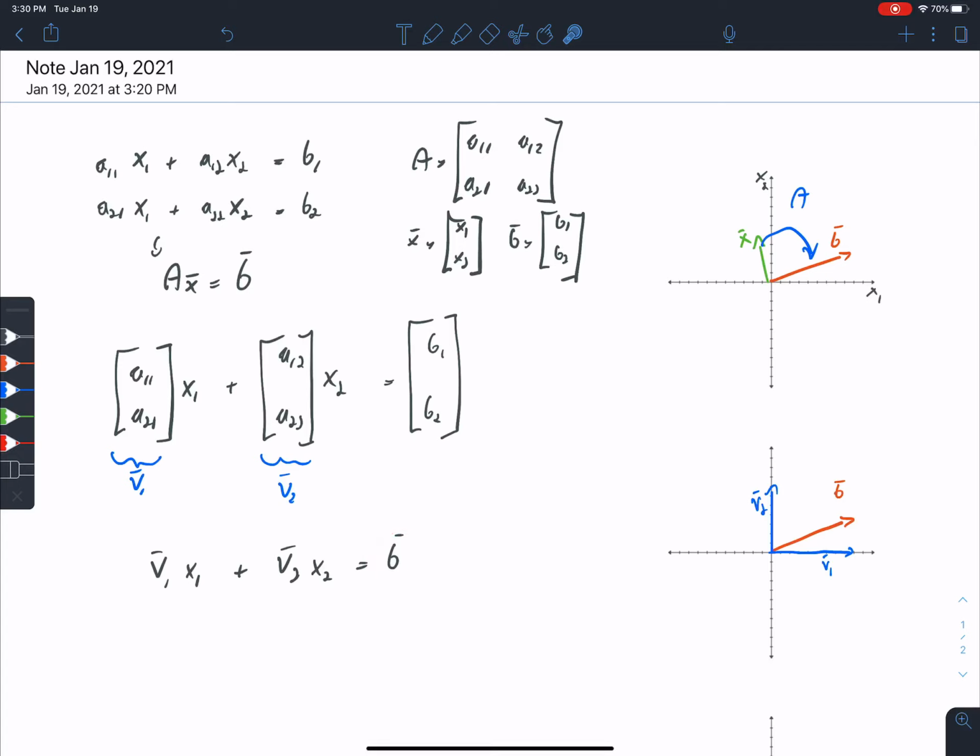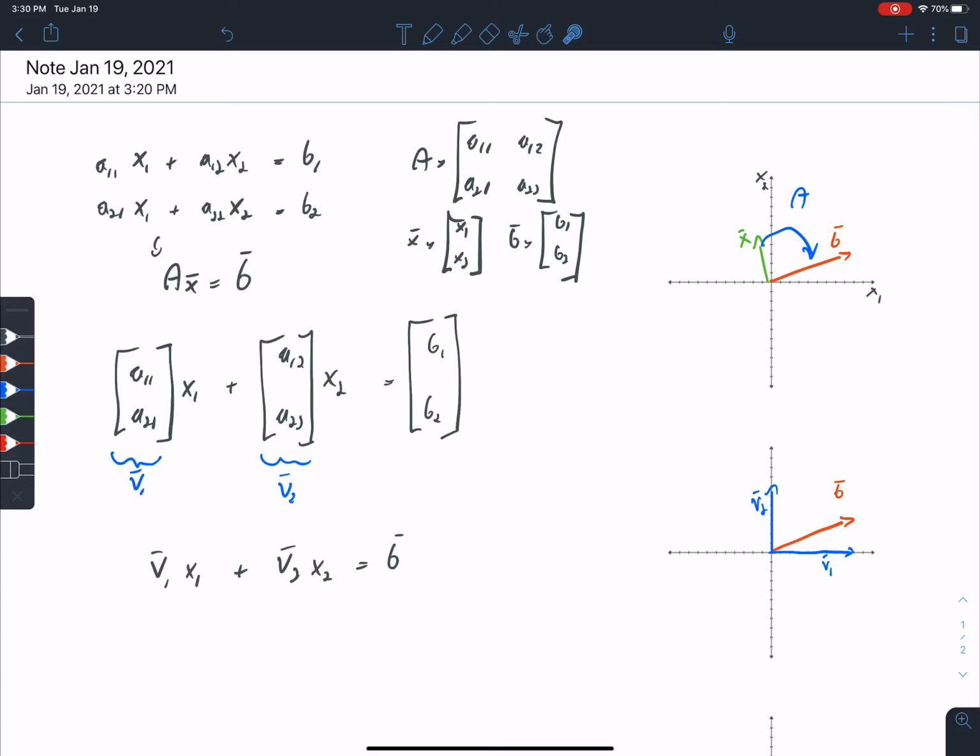So I'm trying to represent vector b with a linear combination of the columns of A, right? And that's one way to have a geometric view of what's going on with a linear system.